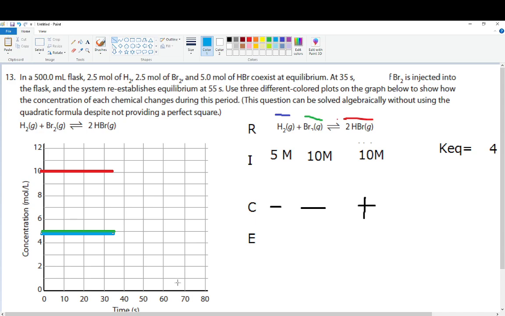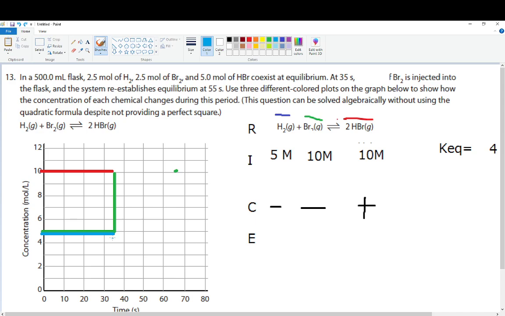Now at 35 seconds, they introduce 5 more moles of Br2, and that would be shown as a spike upwards. And Br2 is green. So I would take my line, and at 35 seconds, we would see a spike all the way up here. And the other reactant we've already determined is going to go minus.